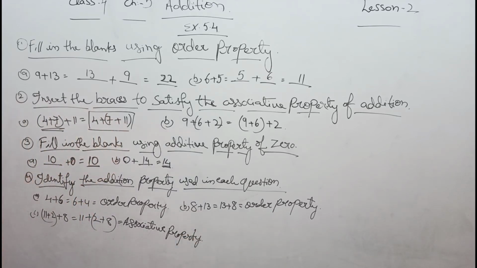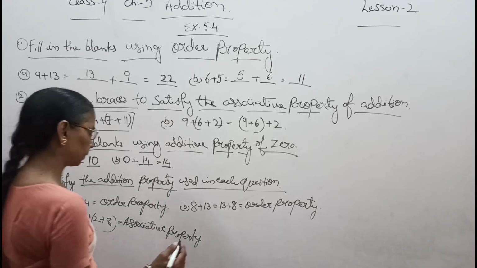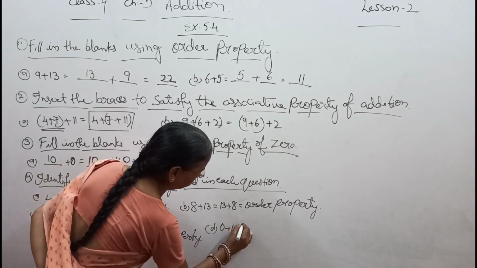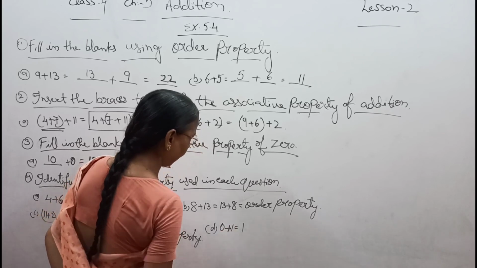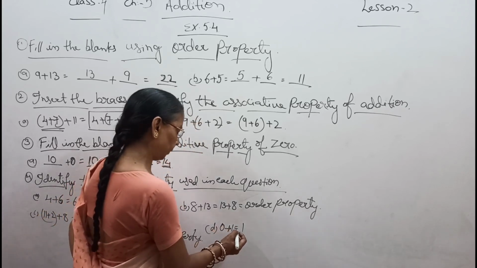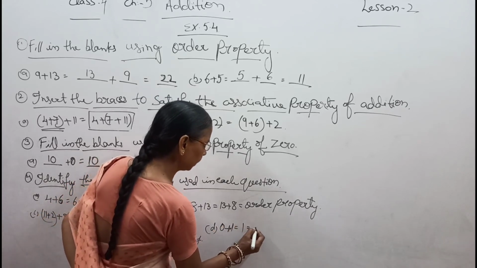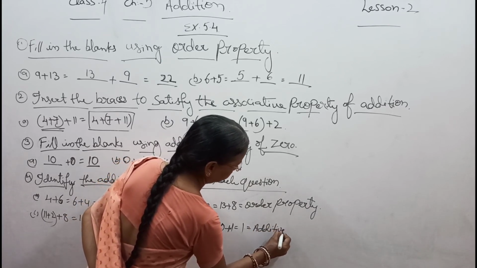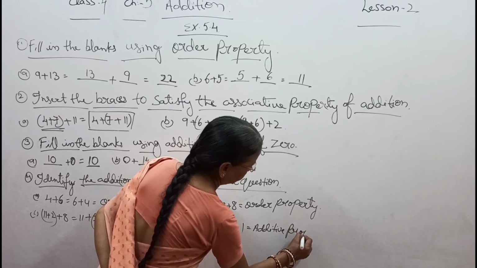Now the fourth one, 0 plus 1 equals 1. It is additive property. Here we have added 0 with 1 or any number, so it is additive property.